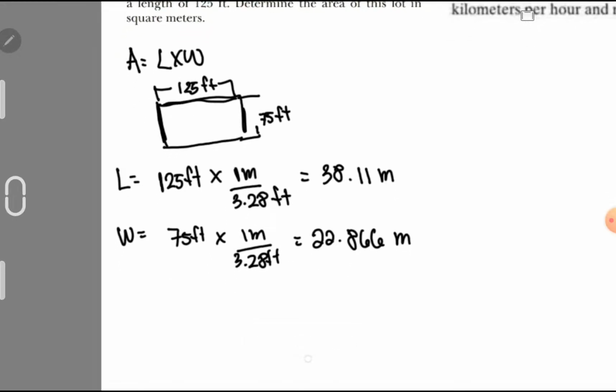So getting the value of your area is equal to 38.11 meters multiplied by 22.866 meters. So we have 38.11 times 22.866, and we'll have a value equal to 871.42 meters squared.